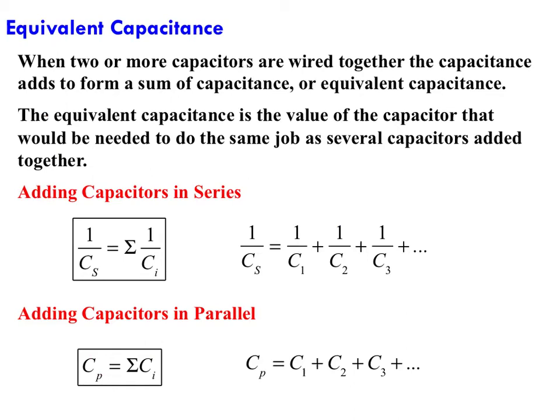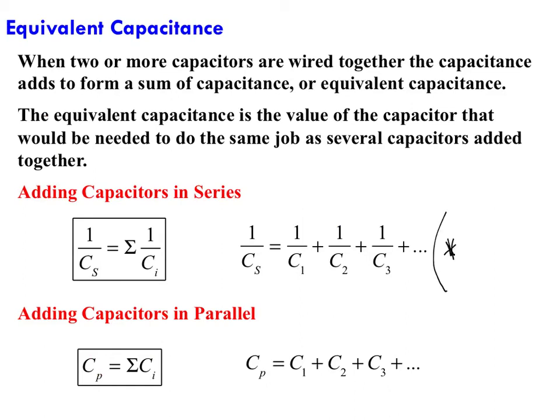So, when adding capacitors in series, these equations might look familiar, but they are opposite of what we'll see eventually in resistors. So make sure to keep the two in mind. Again, when we're adding capacitors in series, we add the inverses. So we add 1 over C1 plus 1 over C2 plus 1 over C3.